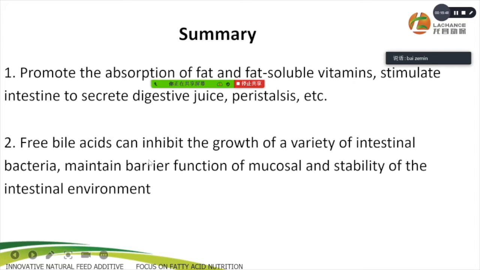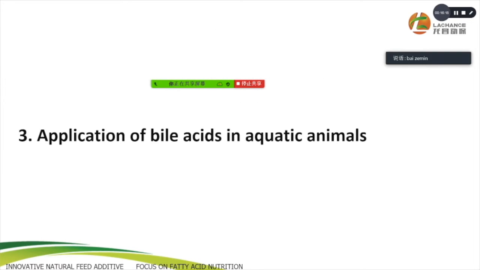Free bile acid can inhibit the growth of intestinal bacteria, and maintain the barrier function of mucosa and the stability of the intestinal environment. As we all know, drugs cannot go across the blood-brain barrier, but bile acid can. Now, for human beings, they have this kind of evidence.